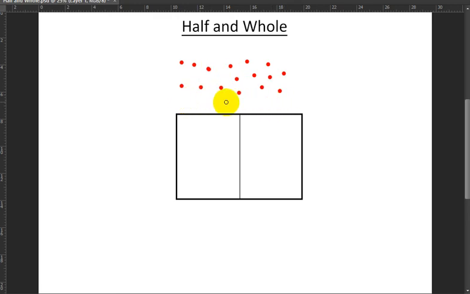Okay, now what I'm going to do is separate them. This is the whole group of marbles, and I'm going to separate them into 2 equal parts. Okay, 2 equal halves. I'm going to separate them in halves.